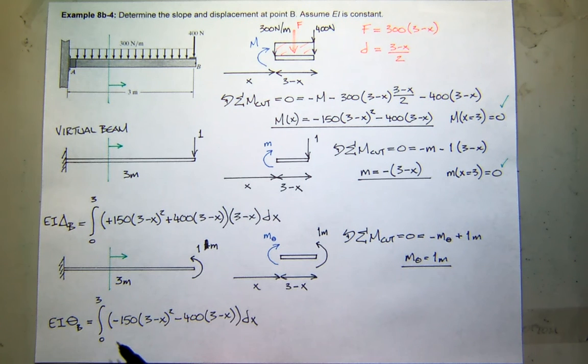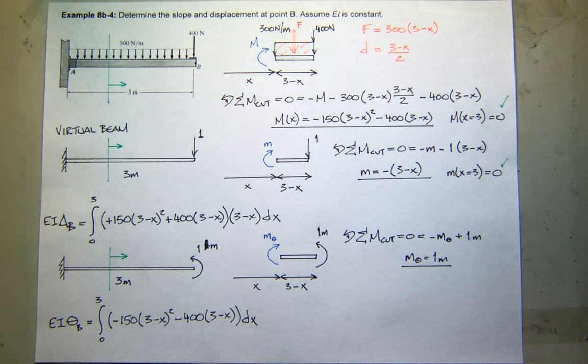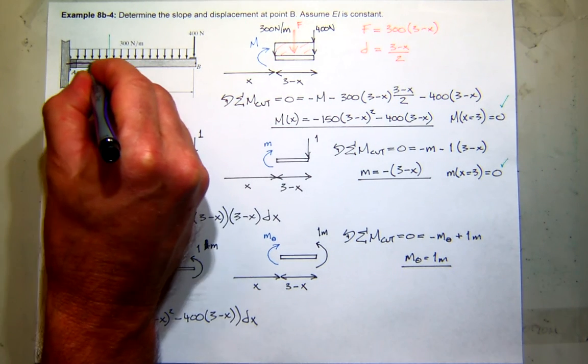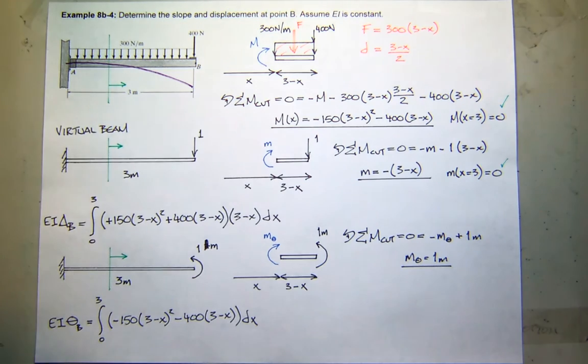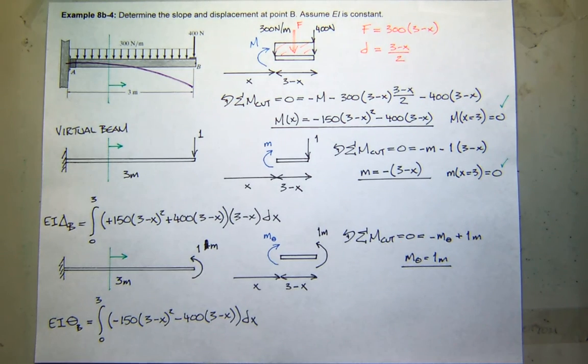Positive. And look at our values. They're going to be negative. So we're going to get negative slope. Does it make sense at the end of this beam that it would be negative slope? I think so, because you're probably going to get a deflected curve that looks something like that. And you can clearly see here at the end that that's a negative slope. So that seems to be reasonable.